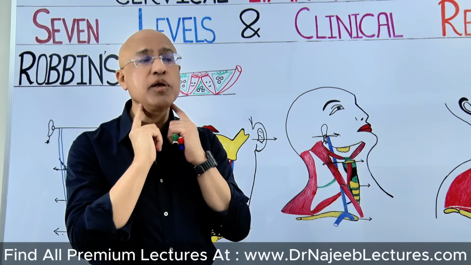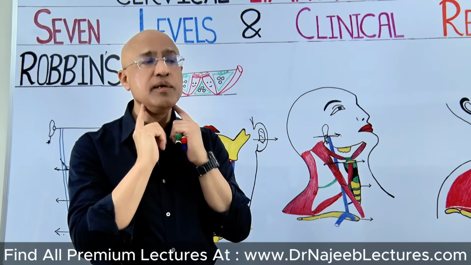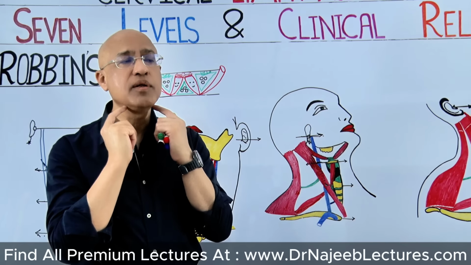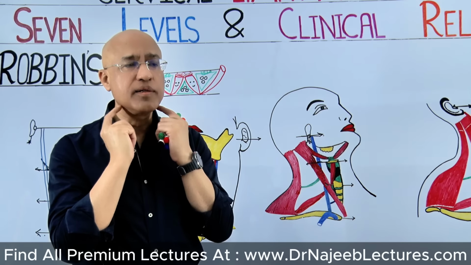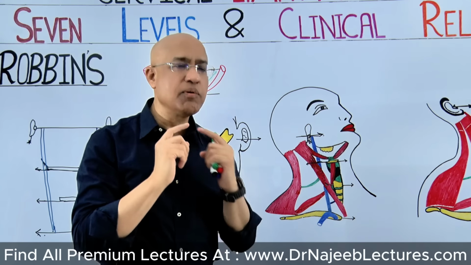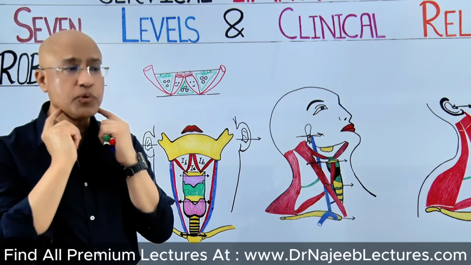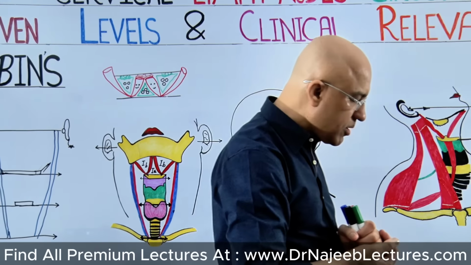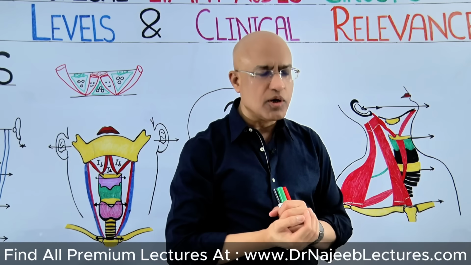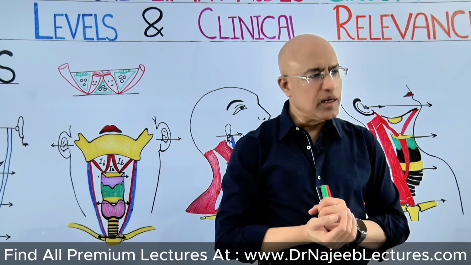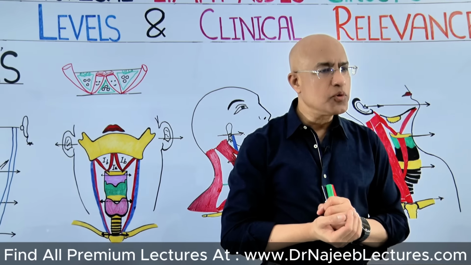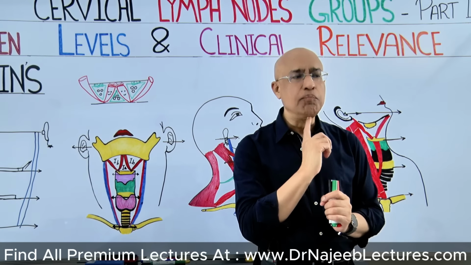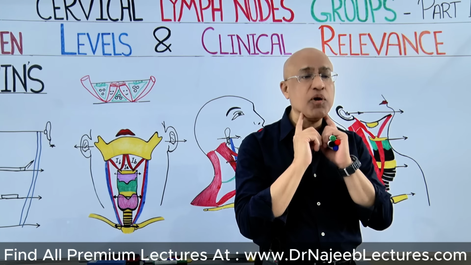And in the submandibular you have 1B. So basically level 1 is this area. So this area is the level 1 triangles, right? Now level 1 for the lymph nodes. And so if someone asks you that in the Robbins classification of cervical lymph nodes, which lymph nodes are included in level 1, you will say submental lymph nodes and submandibular.